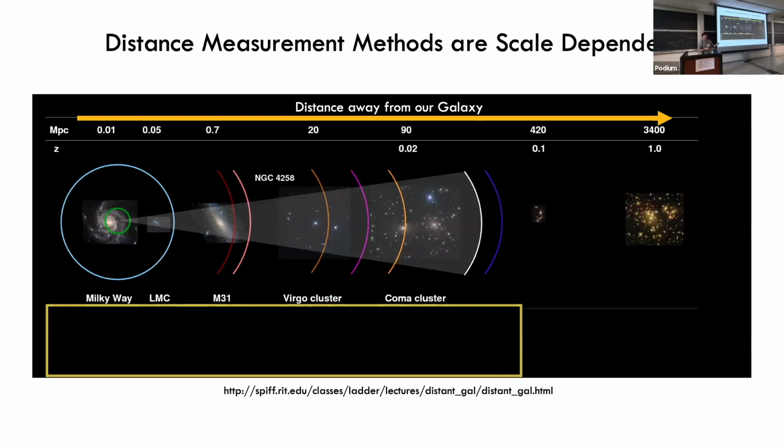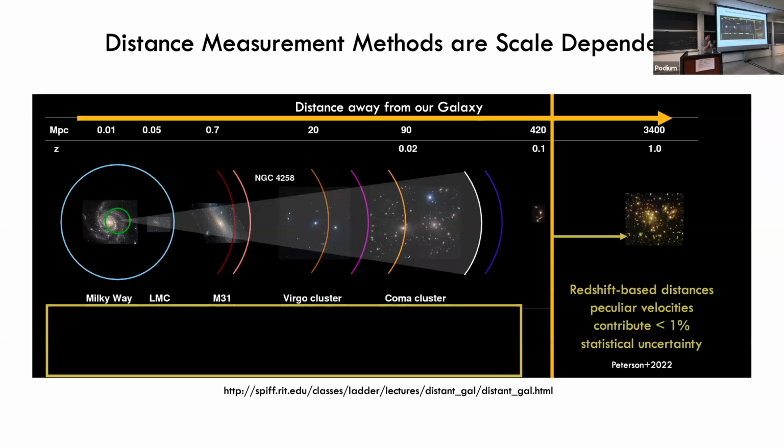How we measure distances, though, the methods we use to measure distances is highly scale dependent. We can look at this figure here, which shows from the left to the right, increasing distance from the Milky Way. The top shows the scale in both redshift and megaparsecs. At distances in redshift greater than about 0.1, redshift-based distances are a reliable method to get distances to galaxies.